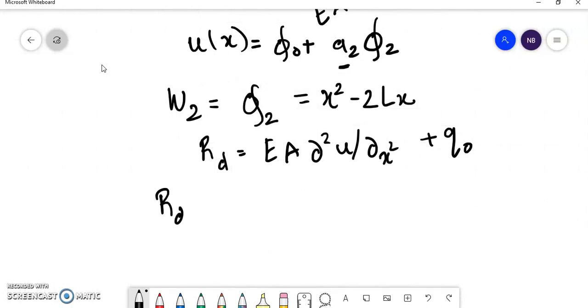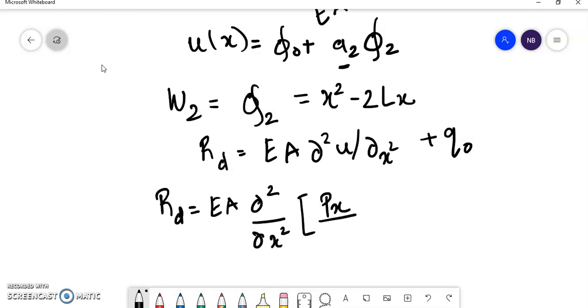Now substituting this equation and simplifying it, we will get EA for the ∂²u term, where u is Px upon EA, that is equation 2.